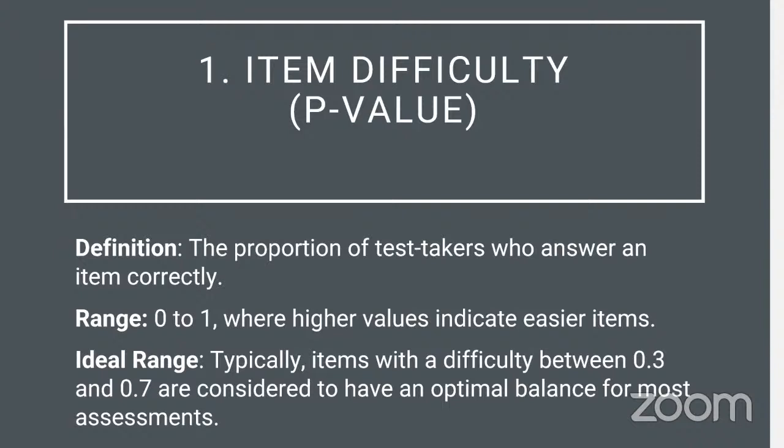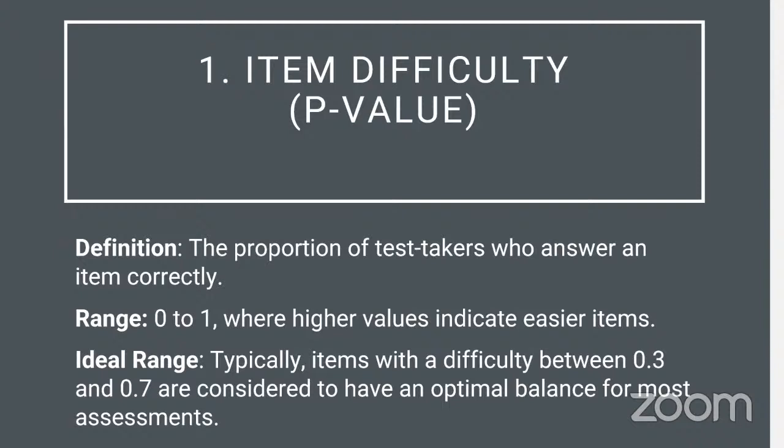0.7 means 70% of the total test takers answered correctly. That means these items are very easy.